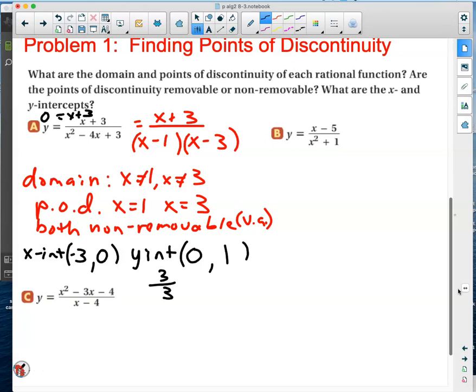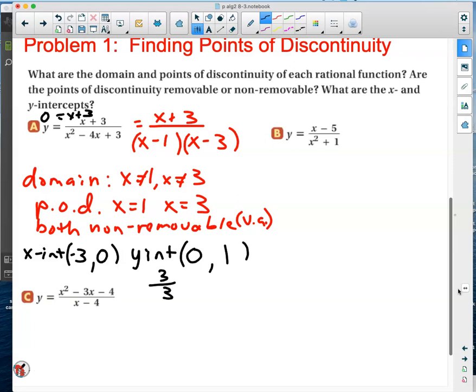So to get the x-intercept, you have to figure out when is the top of this fraction 0. We haven't had to do that for a while. We've been talking a lot about the denominator and getting that to be 0. But there it is. We did all the stuff they wanted. Domain, points of discontinuity. Both of them are non-removable because they're vertical asymptotes. And we've got our x-intercept and our y-intercept.